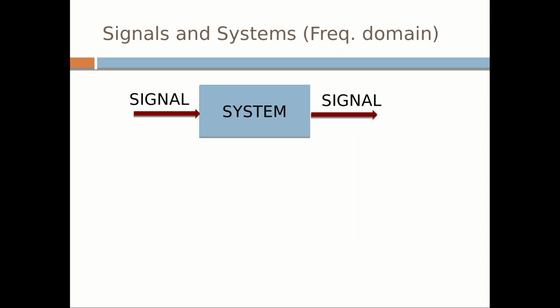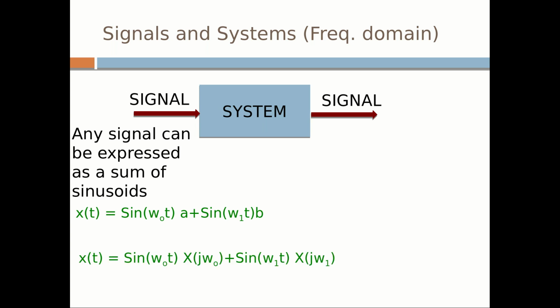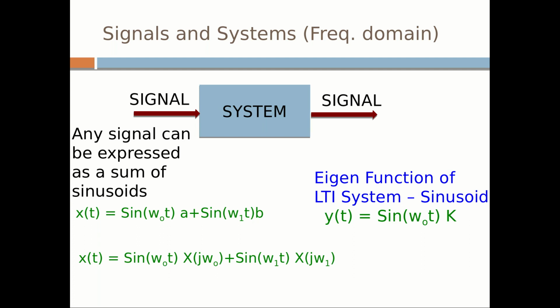We know that any signal can be expressed as a sum of sinusoids. This property is largely exploited by LTI systems to quickly find the output given an input. This is possible because sinusoids act as eigenfunctions of an LTI system. That is, given a sinusoid input, the output would be a scaled version of it.